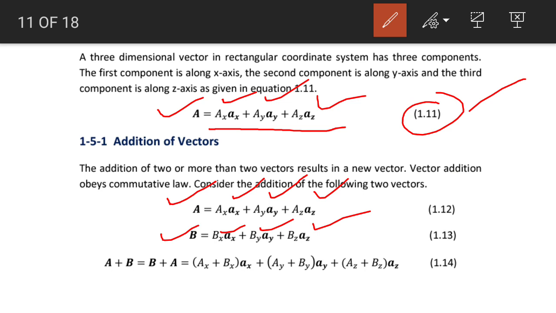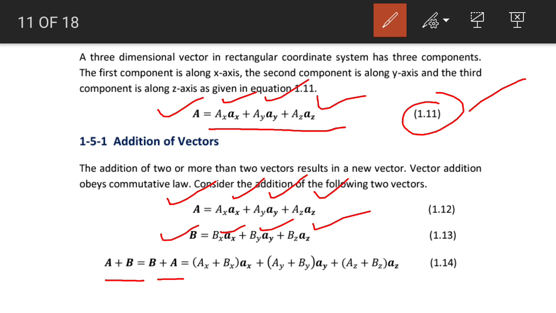So we consider two three-dimensional vectors in the rectangular coordinate system. We are going to add these two vectors, and we know that the addition of two or more vectors results in a new vector quantity. We also know that the addition of vectors obeys the commutative law, so a plus b will be equal to b plus a.